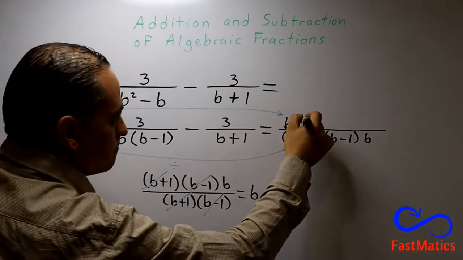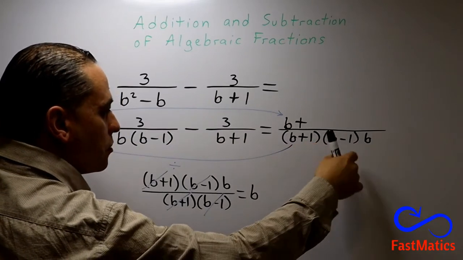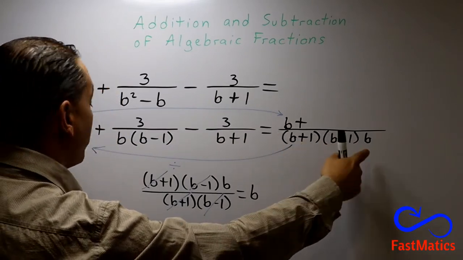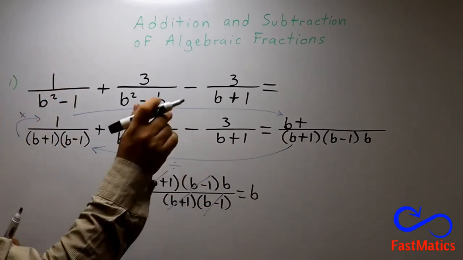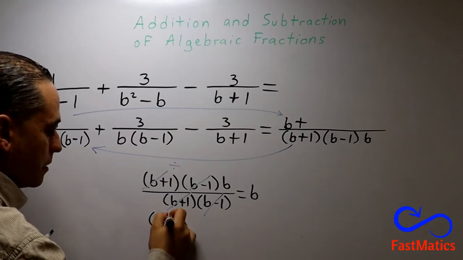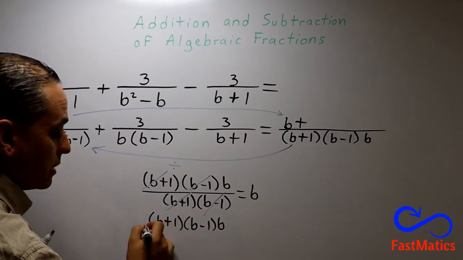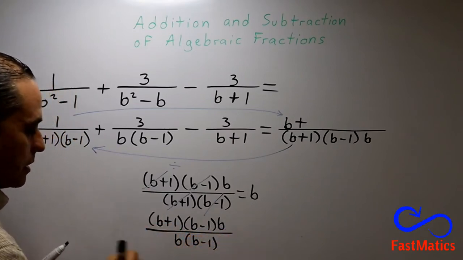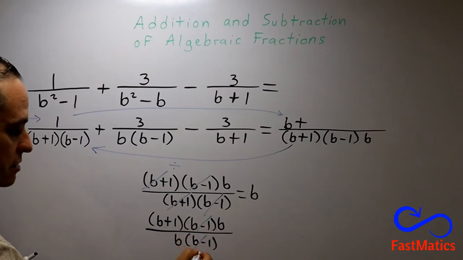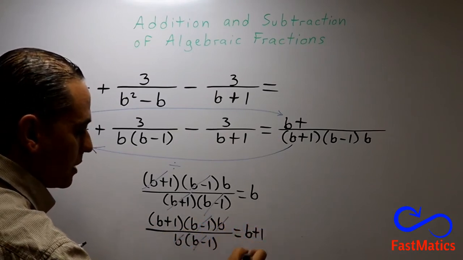After that, plus. All those expressions, all those factors divided by b times b minus 1, we can write it b plus 1 times b minus 1 times b divided by b times b minus 1. And we eliminate the same factors, and the answer is b plus 1.